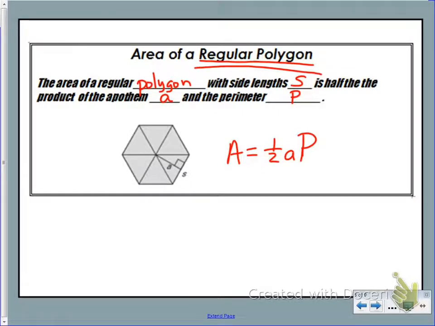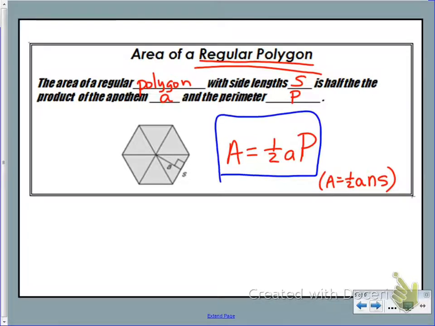Another way to think about this formula, which some people prefer, is to say that the area is 1/2 A, the apothem, times the number of sides times the side length. So these two formulas can be used interchangeably. You basically just have to decide which one you prefer. I personally use this formula, and A, keep in mind, is the length of the apothem, not opossum, but apothem, and P is the perimeter of the polygon.